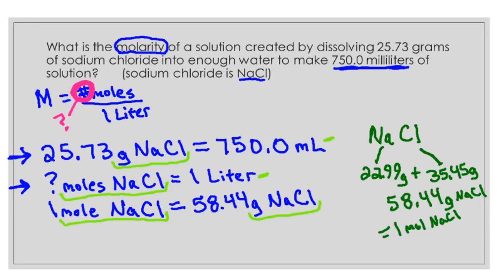So we need to remember that 1,000 milliliters is equal to 1 liter. So now we have the 750 milliliters, that's 1 mention of milliliters, and then we have the 1,000 milliliters, that's the second mention of milliliters.